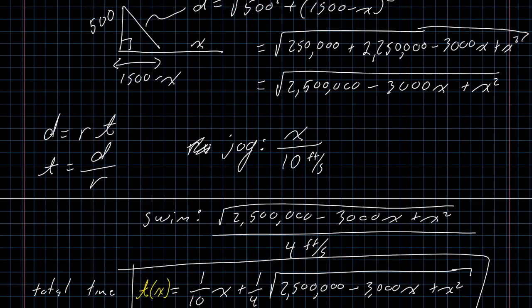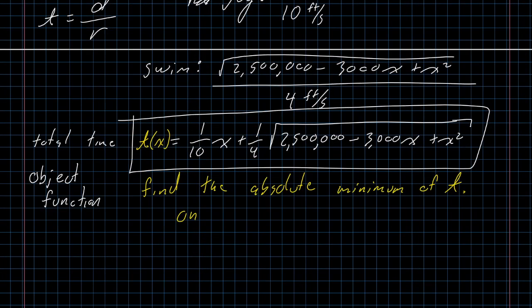So we are looking for the absolute minimum of t for x in the interval from 0 to 1500. That is looking for the minimum of a function on a closed interval.